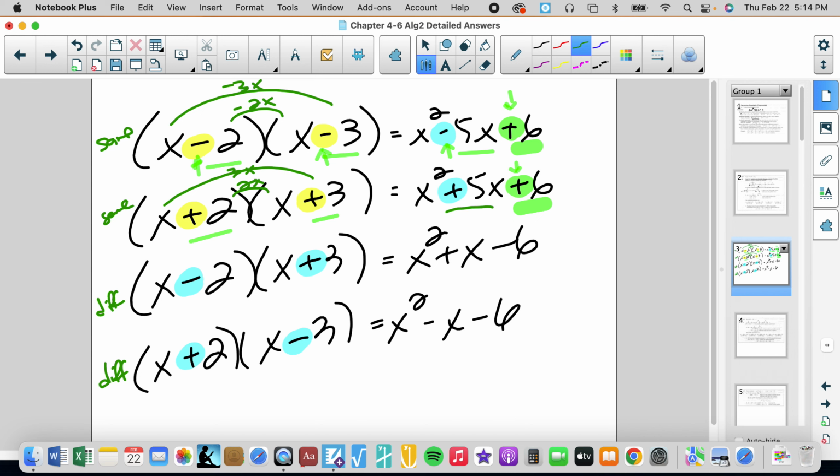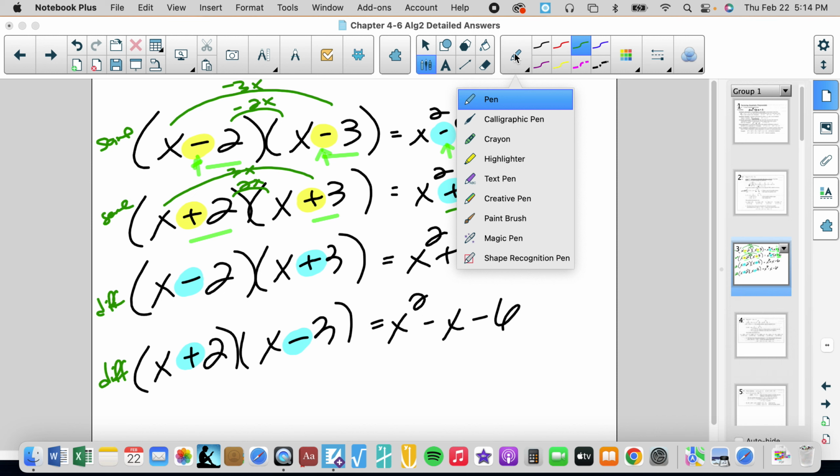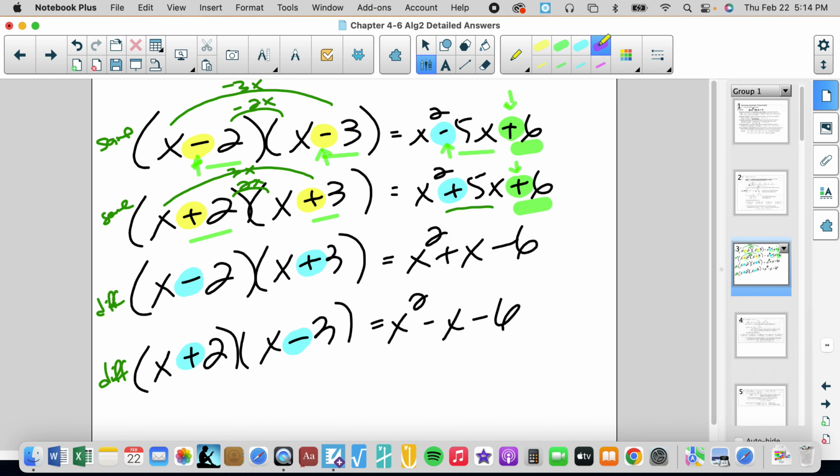Now, you see where I'm going with this, I think you do. So notice that for both of these, the final term, because it's a product, is negative. Why is it negative? Because you're multiplying -2 times +3. The signs are going to be different. When signs are different, it's always going to be negative, or +2 and -3. So when this second sign is negative, we know that the signs in the binomials must be different.